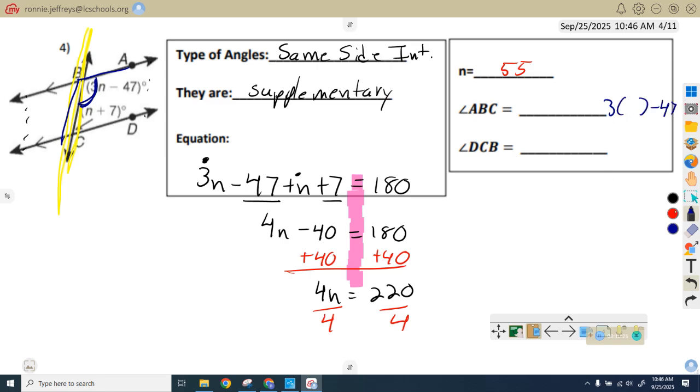The other angle is DCB, which is this plus 7. All right, so if we're doing this when we add in 55, we should get 62 degrees. Now, again, we could find the other angle by either plugging in 55, or we could just subtract from 180. We get 118 degrees.